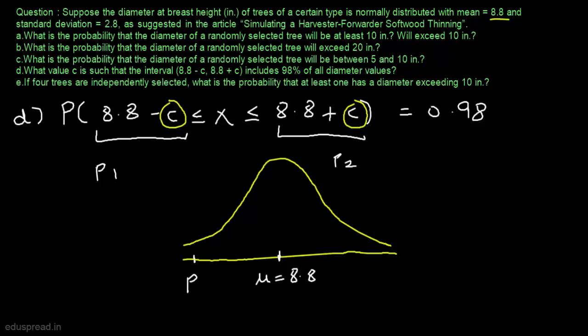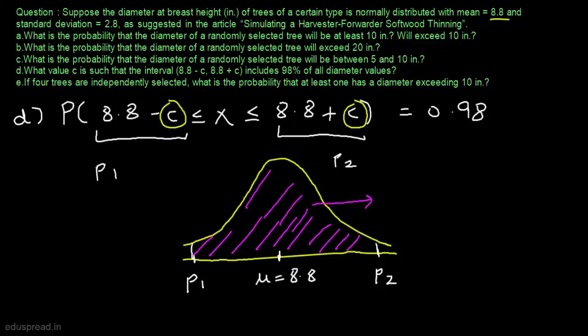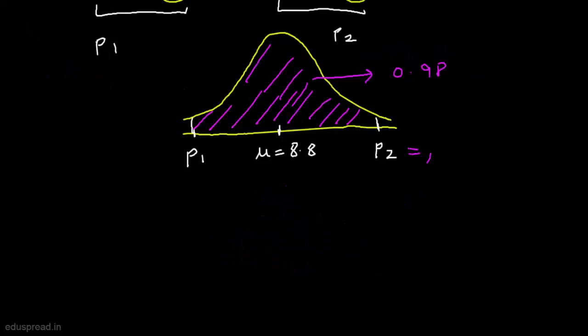P1 could be somewhere here and P2 could be somewhere here. So we are given that the probability that x will lie in this area is 0.98, and P2 is equal to mu plus c, which is equal to 8.8 plus c, and P1 is equal to mu minus c, which is equal to 8.8 minus c, and we have to find the value of c.